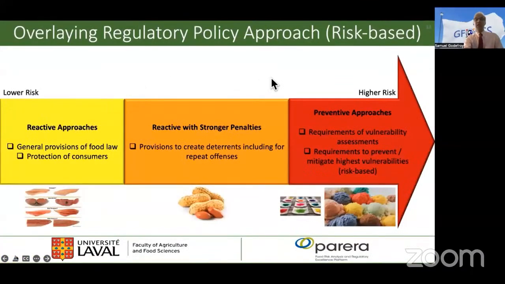And if we are to impose measures that are commensurate to the level of risk witnessed as a result of food fraud, we see that regulators have adopted an incremental approach in the way these incidents are managed, moving from a reactive approach.